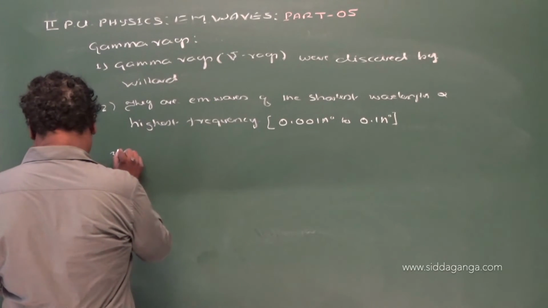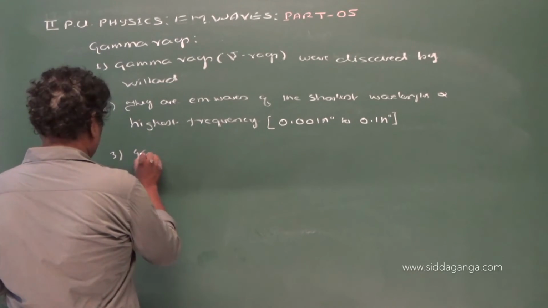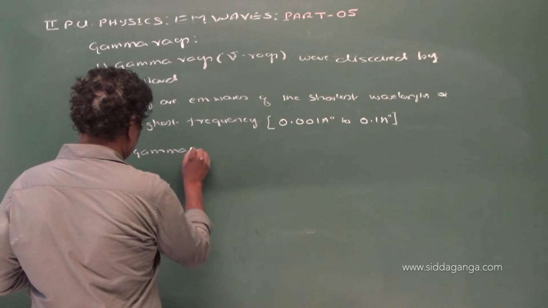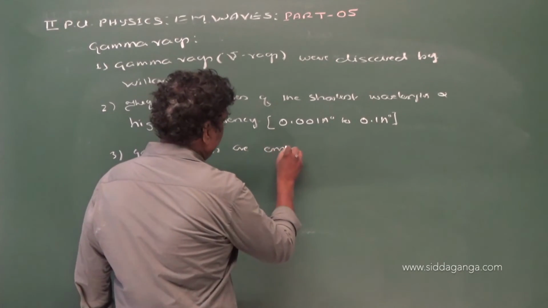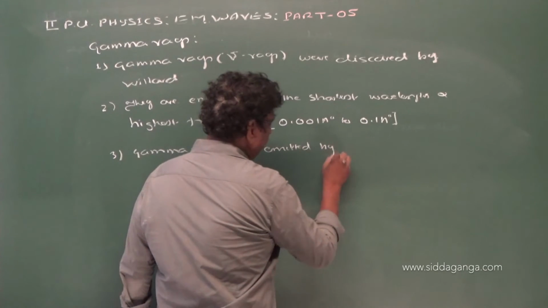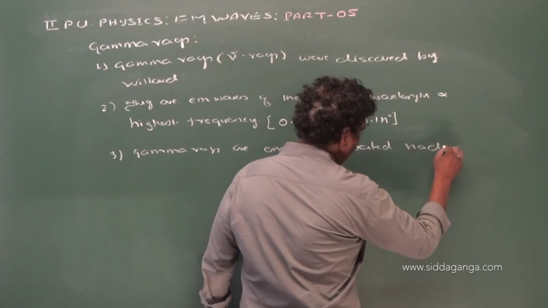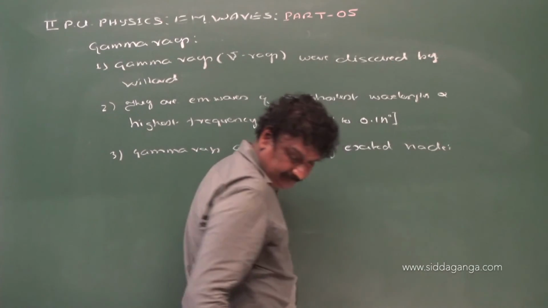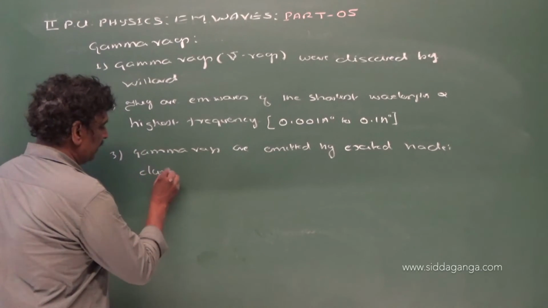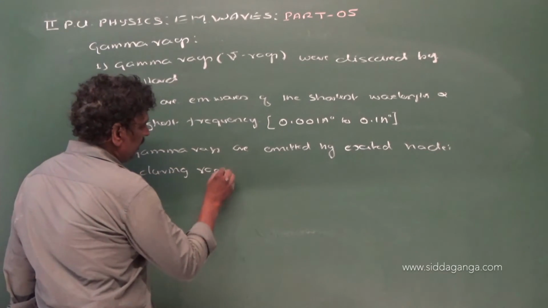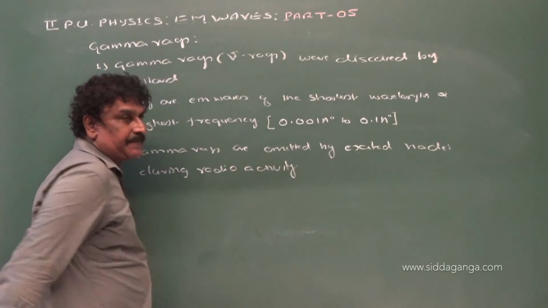Now the third one, gamma rays are emitted by excited nuclei during radioactivity.